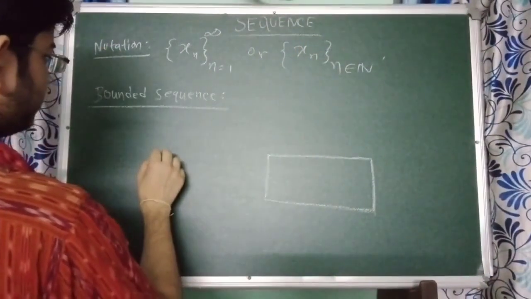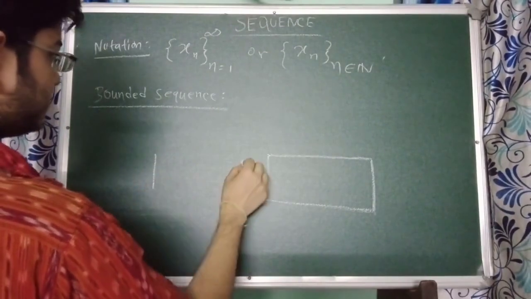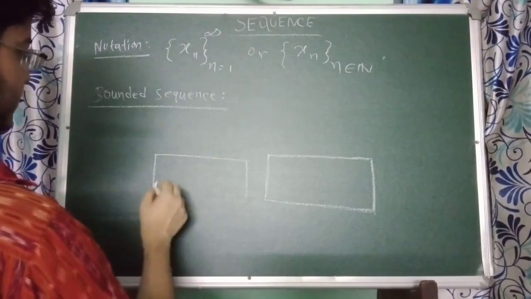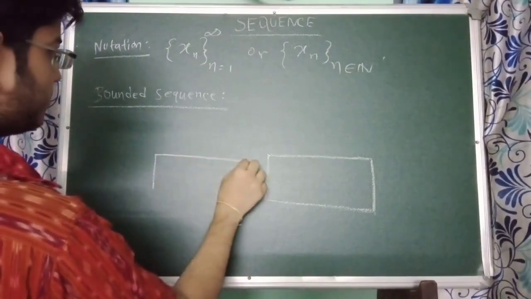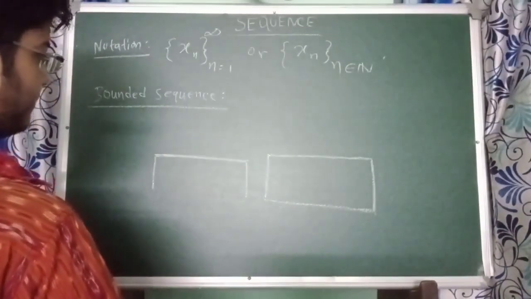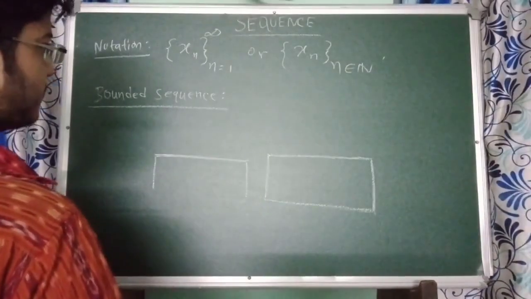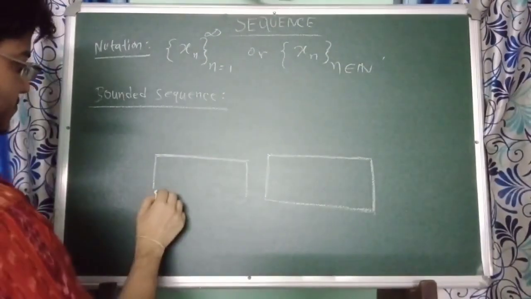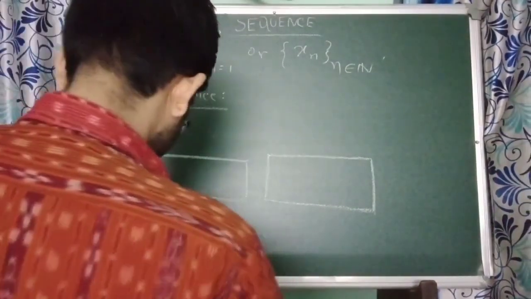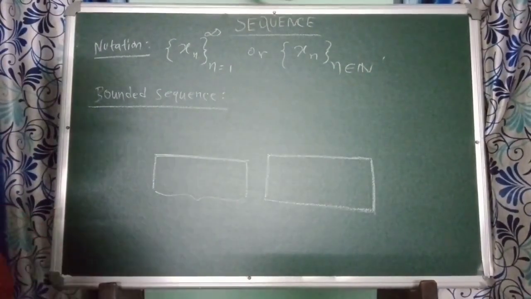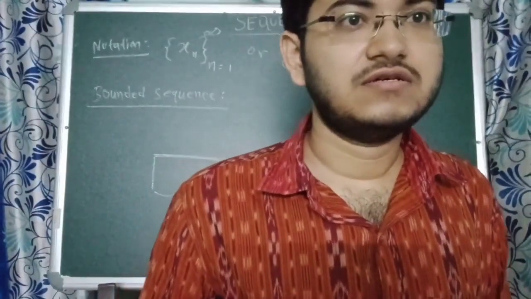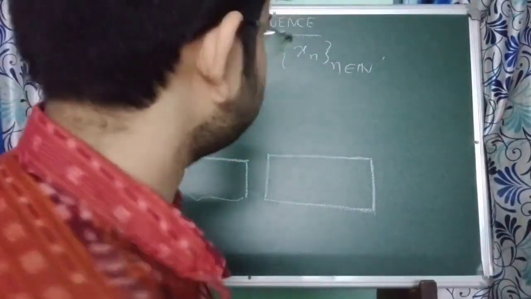But if you draw a figure whose one end is open, then it is bounded by an upper quantity, but open in the lower portion. So in a bounded sequence there exist a lower boundary and an upper boundary, or a least upper bound or greatest lower bound.